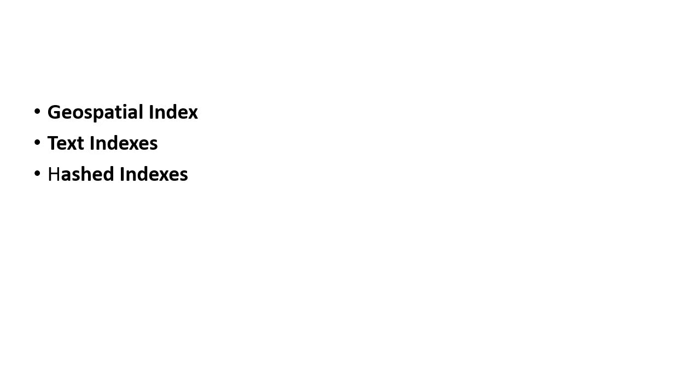Let's go through the definition of the geospatial index, because it supports efficient queries of geospatial coordinate data. This type of indexing is applied to a specific type of data called geospatial coordinate data.